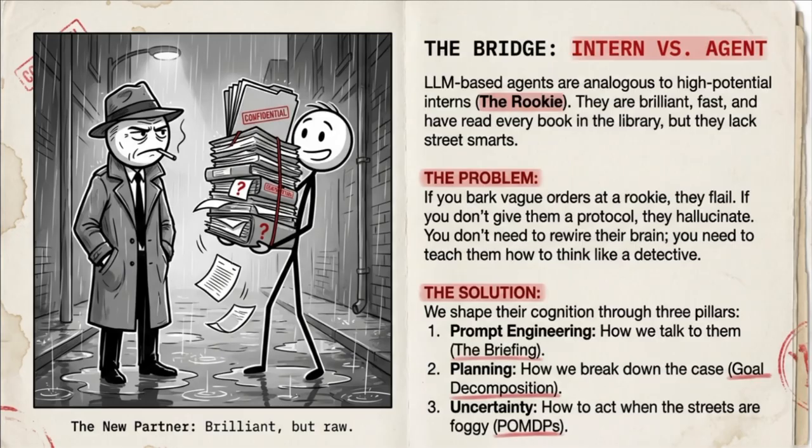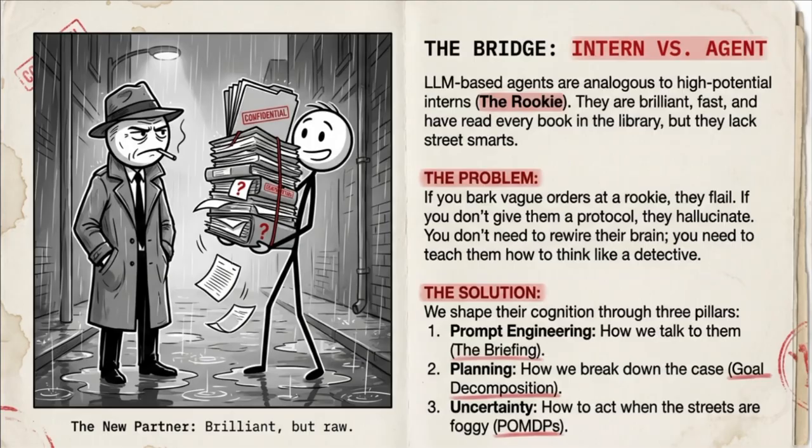The problem is that if you simply bark vague orders at a rookie, they'll often fail. Without a specific protocol to follow, they might hallucinate or take wrong turns. You do not necessarily need to rewrite their underlying architecture or rewire their brain entirely. Instead, you need to teach them how to think like a seasoned detective.